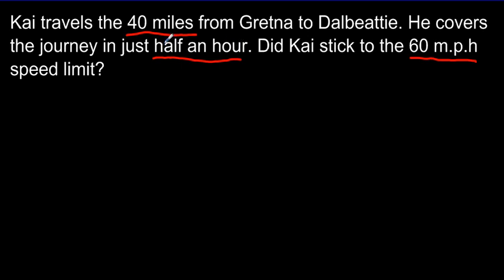That's 30 minutes, but I'm not going to do 40 times 30 because that's going to tell me that Kai is travelling at 1200 miles per hour. He's breaking the speed of sound and things like that. So my distance is 40. My speed is what I don't know, and my time is a half.